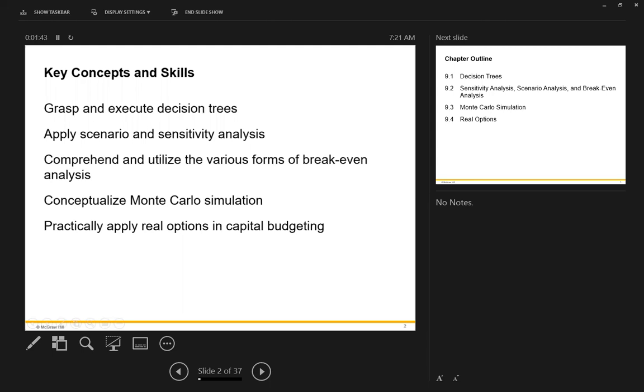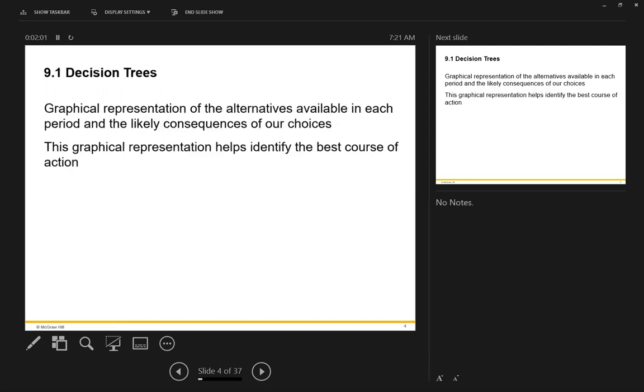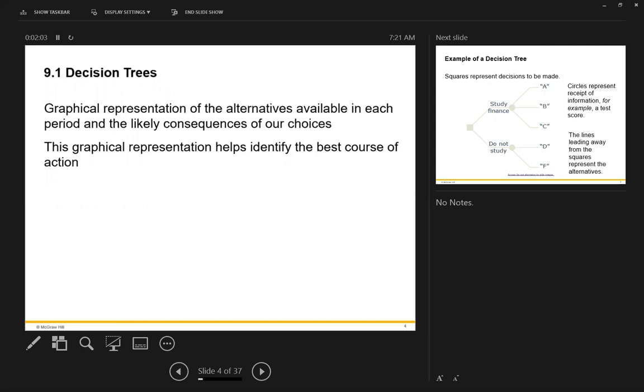We're going to look at what we call break-even analysis and talk about this thing called the Monte Carlo simulation, and then apply real options in capital budgeting. So that's our breakdown. Here's our first item, the decision tree.